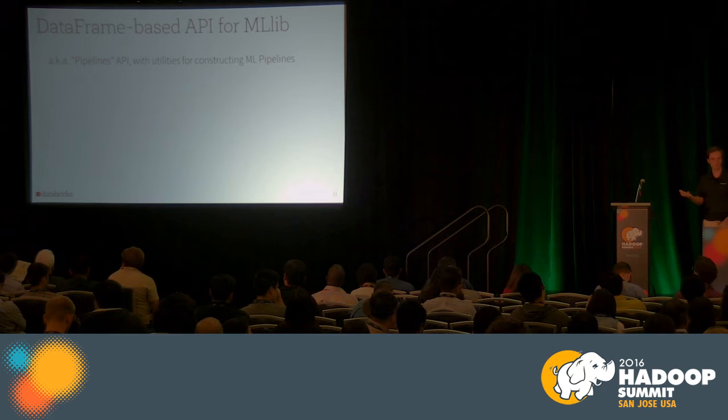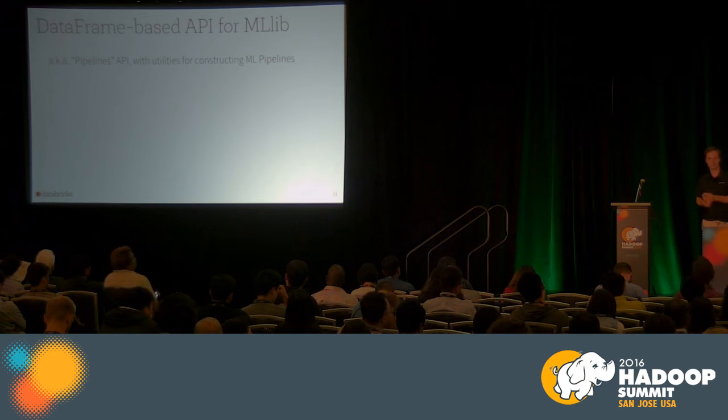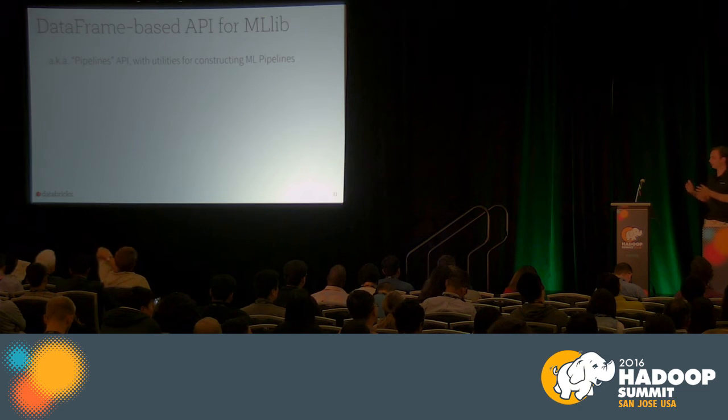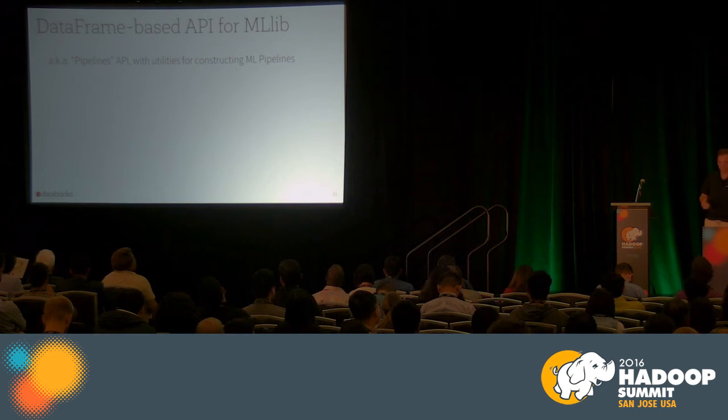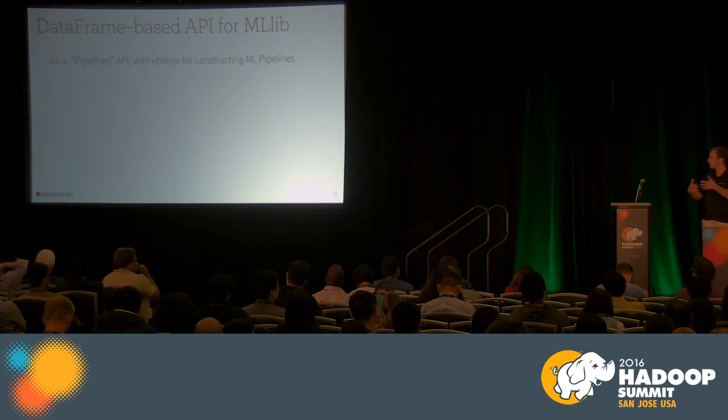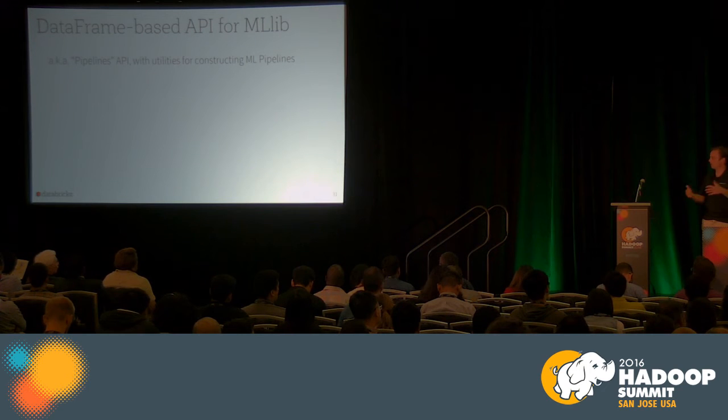The data frames used by Spark are very similar to SQL tables, distributed SQL tables, or if you're familiar with Pandas data frames or R data frames, it is simply a distributed version of these data frames. And the pipeline API lets you combine different machine learning operators that pass these Spark data frames from one to the other.